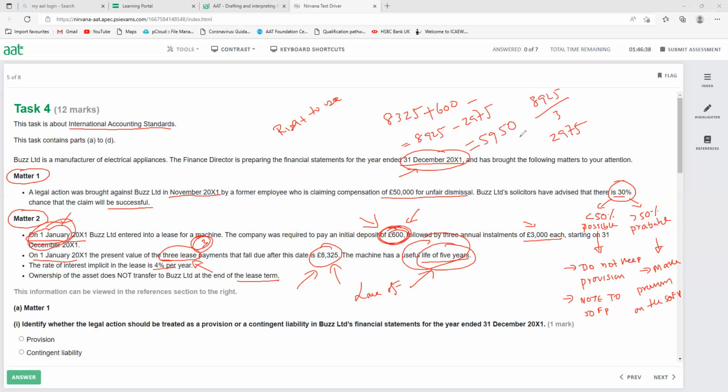So a few things: the net present value plus the deposit minus the depreciation. The depreciation is based on the lower of the useful life and the lease period. All right, so this is the first thing.